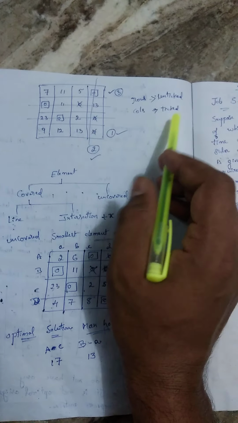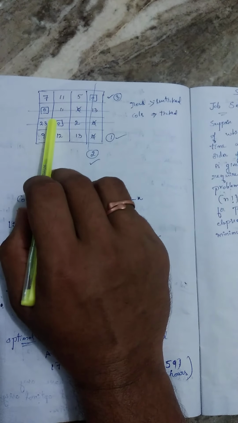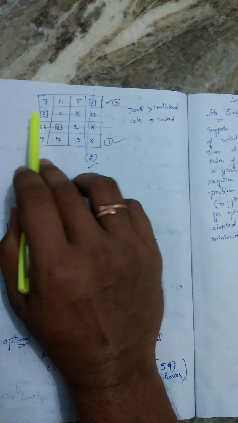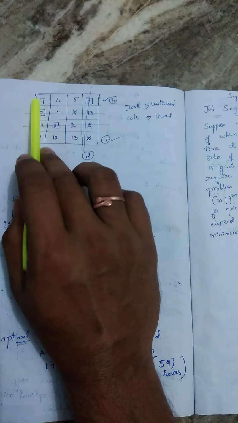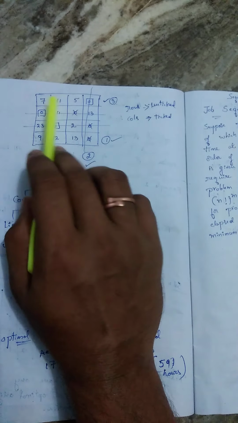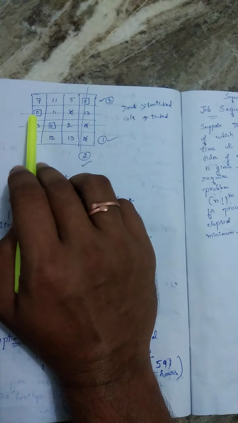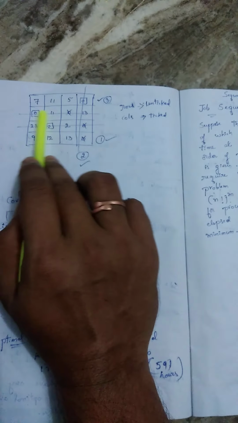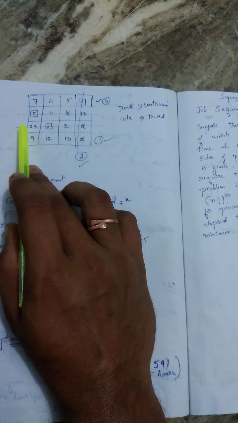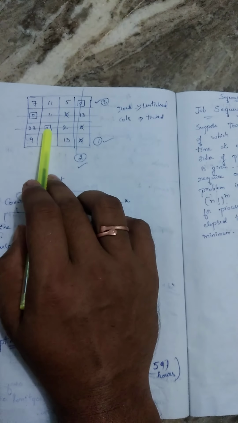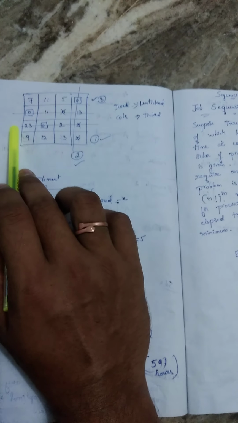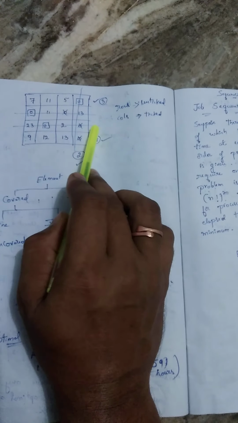For improving the matrix, we draw lines for the rows that have assignments. In the first row there is only a single assignment, so there is no need to draw a line. In the second row we have an assignment and also an extra 0, so we draw the line. In the third row we also have a single 0 assignment and an extra 0, so we draw the line.